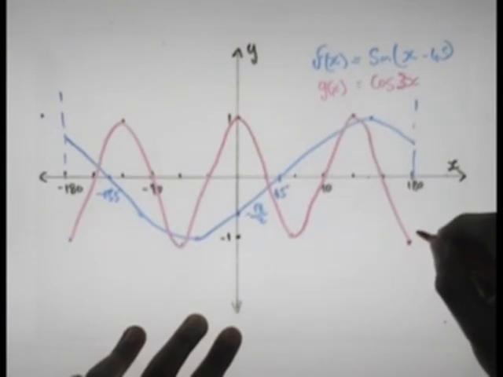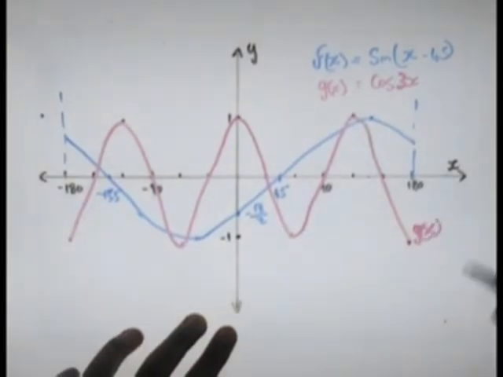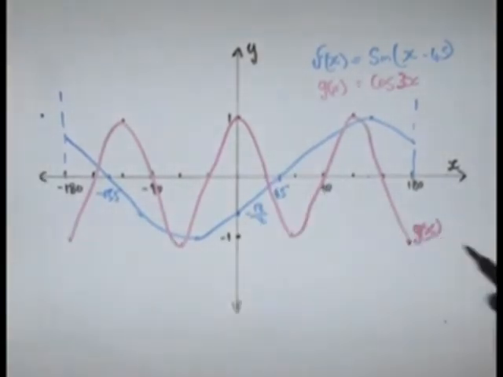And that's the graph g of x. It's the standard cos graph, but it's 3 sort of waves instead of just one wave.